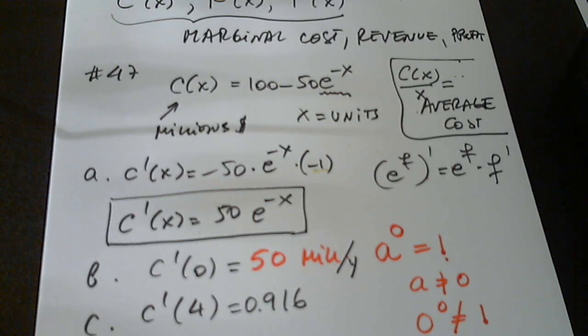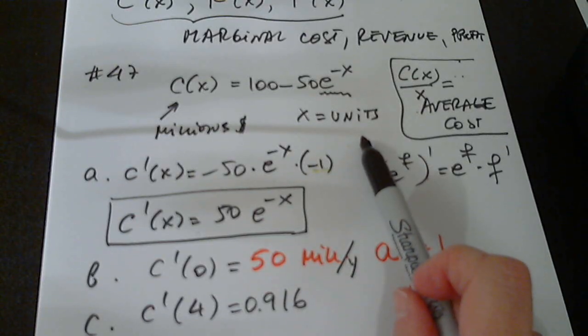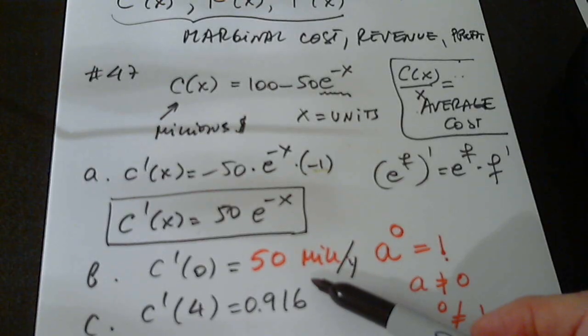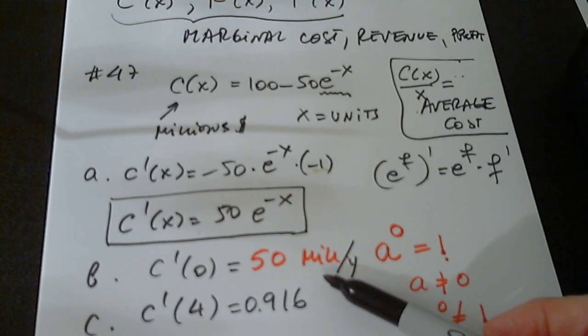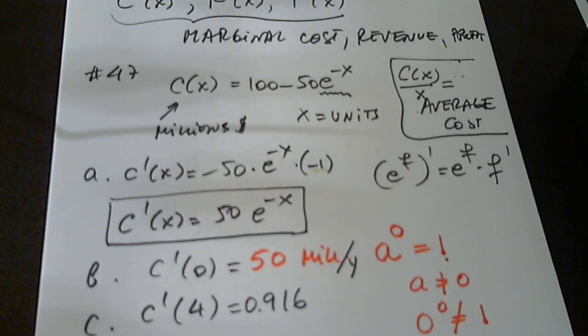So it's $50 million per unit. But it doesn't make a lot of sense as C prime of 0. So the year works in the number of houses built.